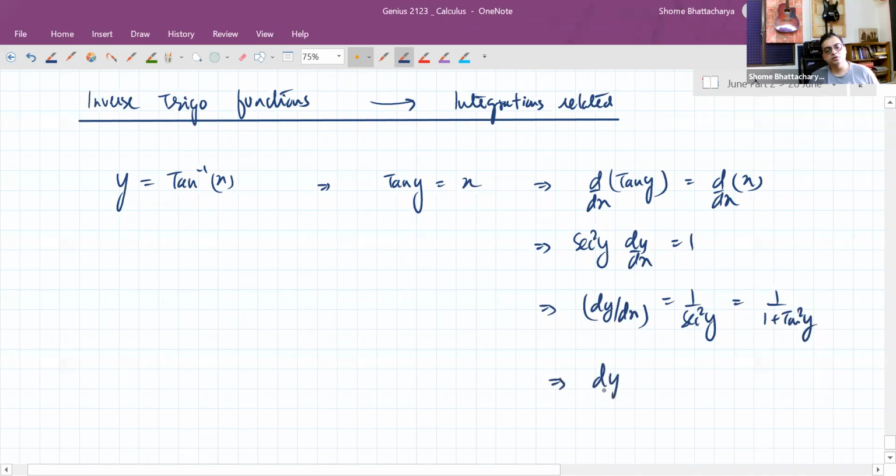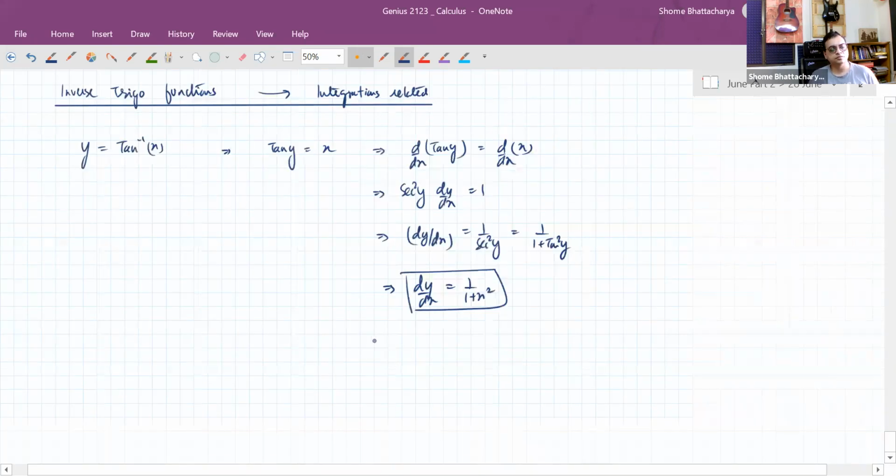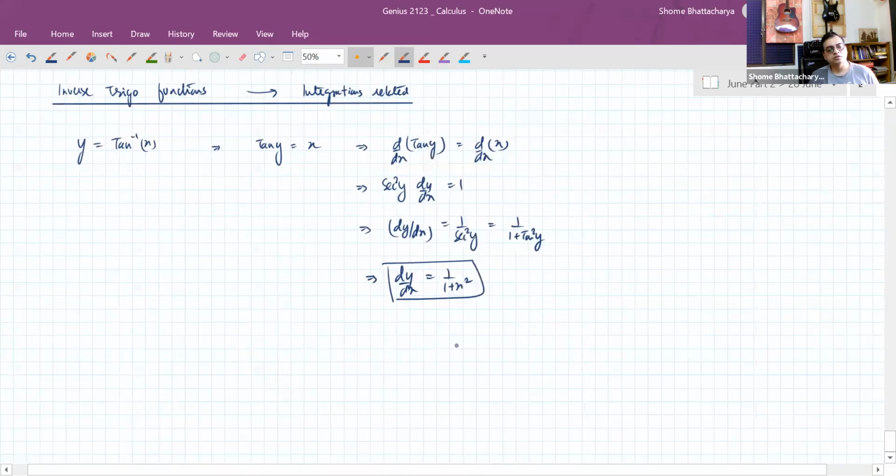So ultimately, from this, what we can also observe is that the differentiation of tan inverse function is equal to 1 upon 1 plus x square.